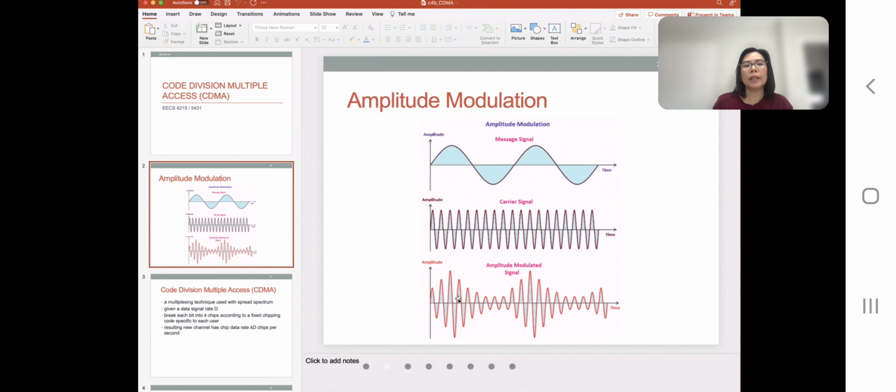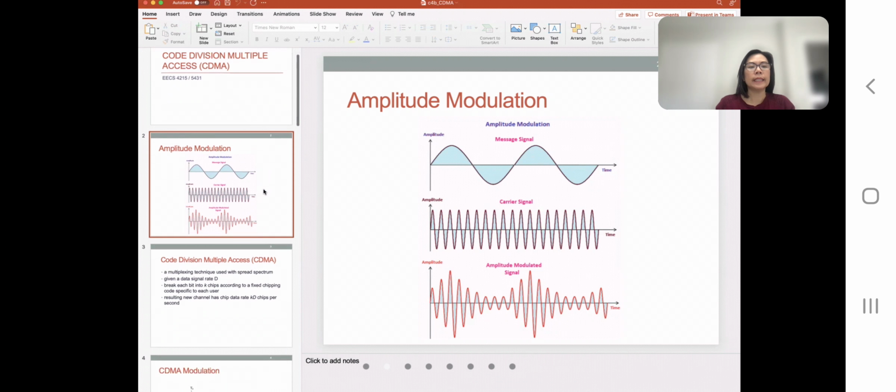If you are in a car and you turn on the regular radio service, this is the signal that the radio in your car gets, and it will demodulate the signal and give you the original message, or the original song, right?